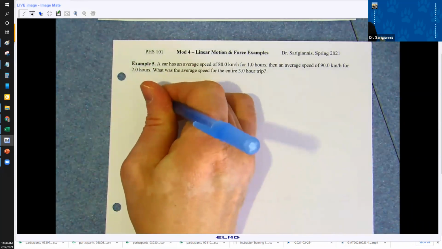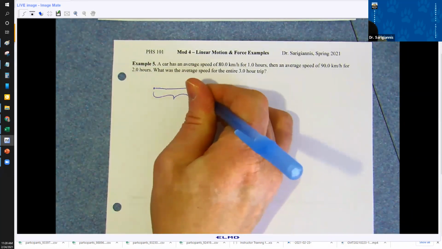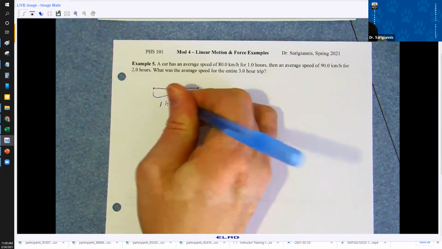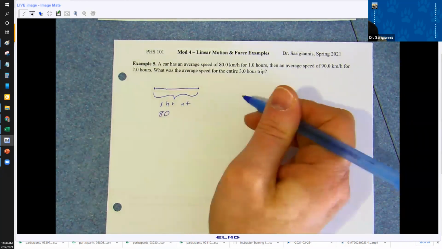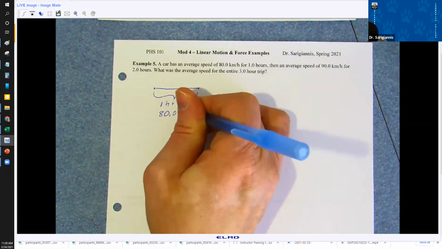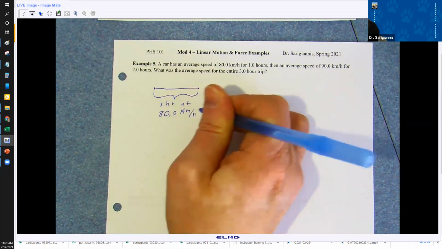And in this region, 1 hour at 80.0 kilometers per hour.